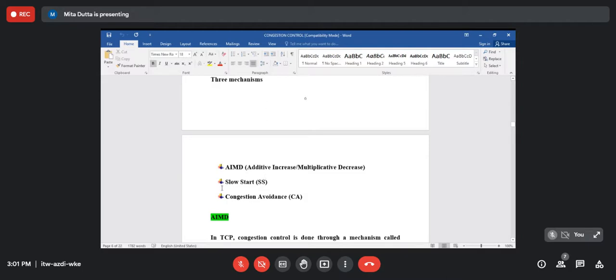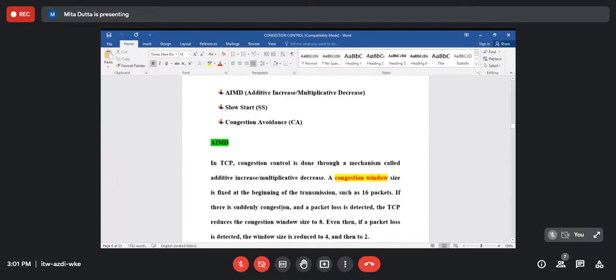Another mechanism is slow start, and another one is congestion avoidance. These three different protocols are used by the host TCP to take care of congestion in a network.